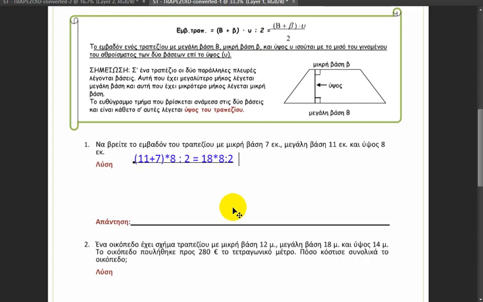This gives me 144, and I need to divide that by 2. And this gives us 72. So the area of the trapezoid is 72 square centimeters.